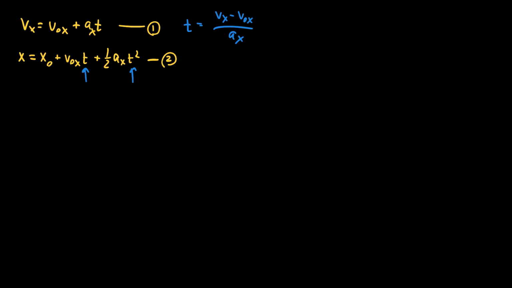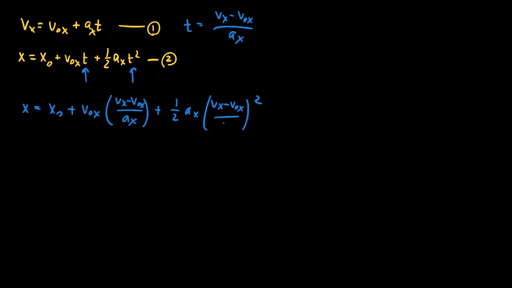So this looks like the following: x equals x naught plus v naught x times the expression we just found, vx minus v naught x over ax, plus 1/2 the acceleration times this quantity squared that we just found, so vx minus v naught x divided by ax again.